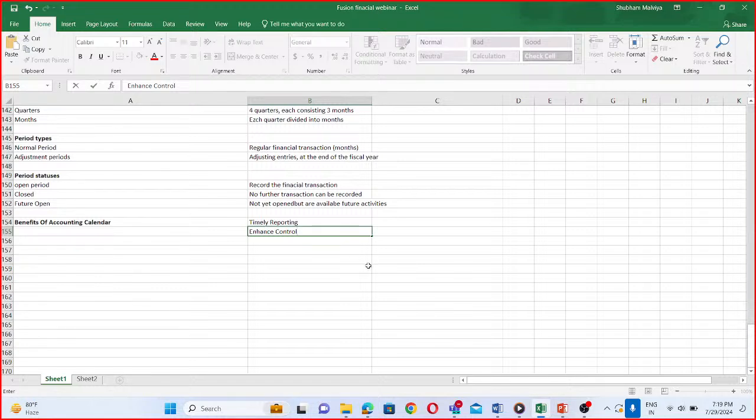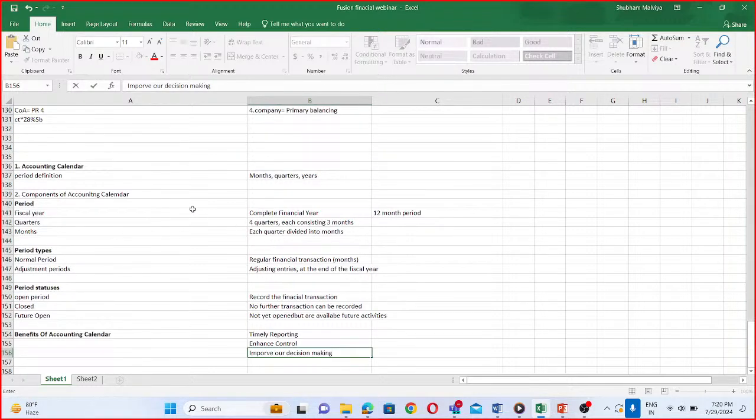Then also, by this we can improve our decision making. So these are the benefits of accounting calendar.